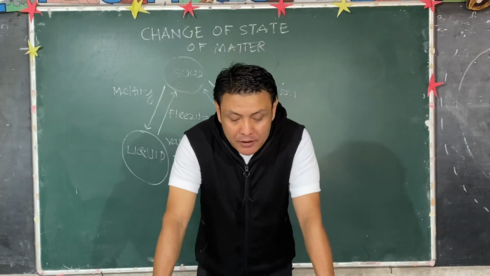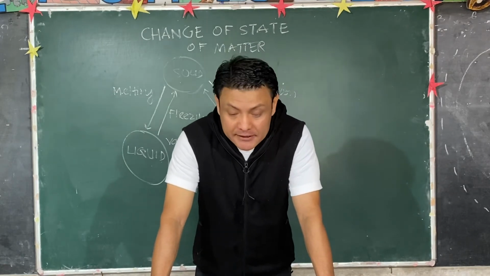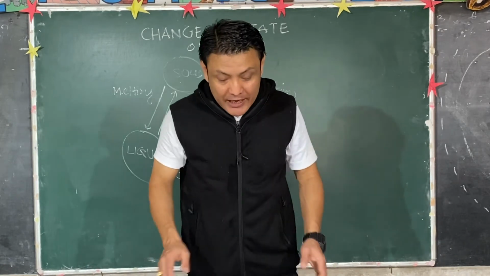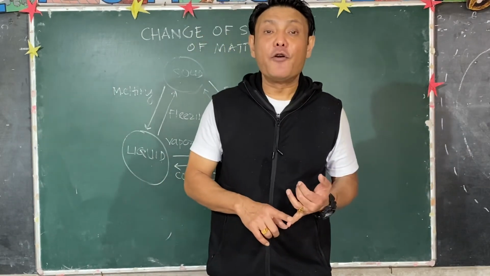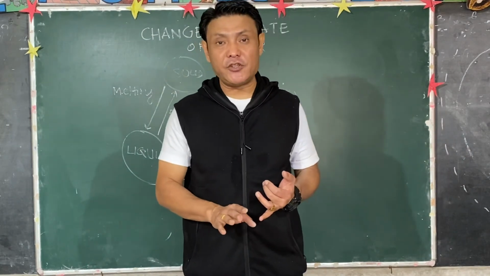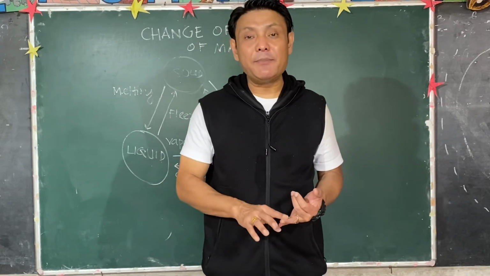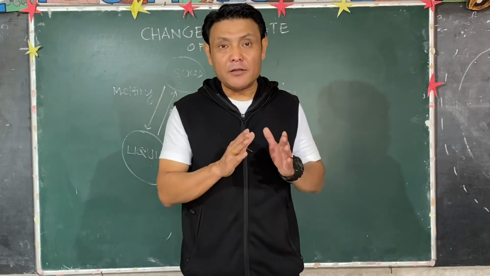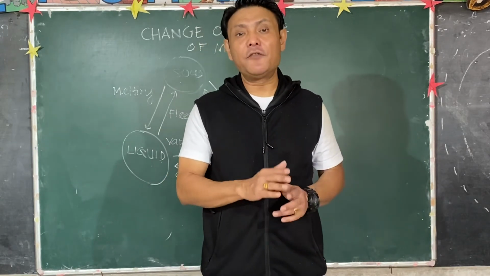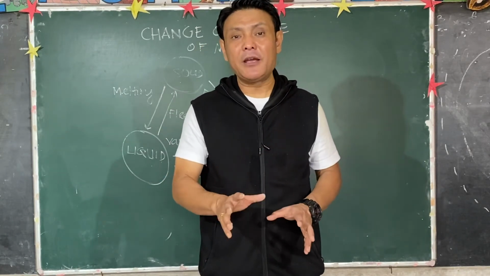Now we talk about characteristics of physical change. Number one, generally a change is temporary. It is temporary and reversible. It is not a permanent change. No new substance is formed. There is no transformation of the substance chemically whatsoever.